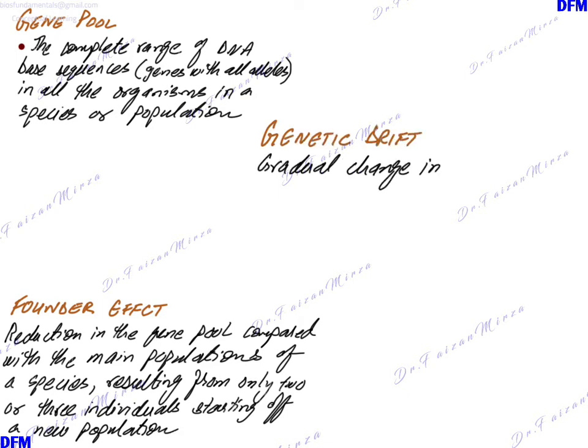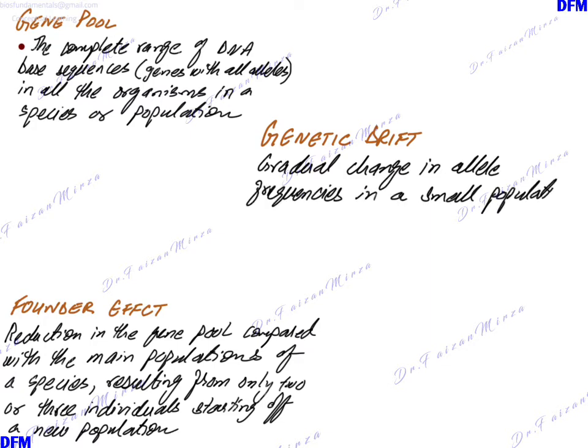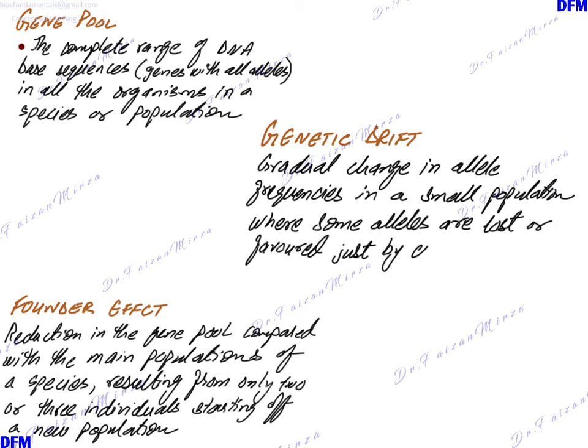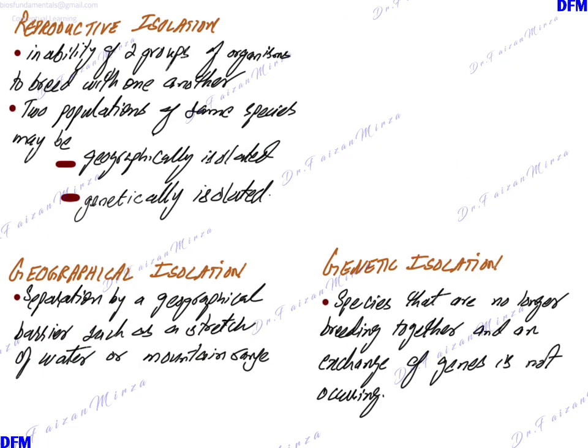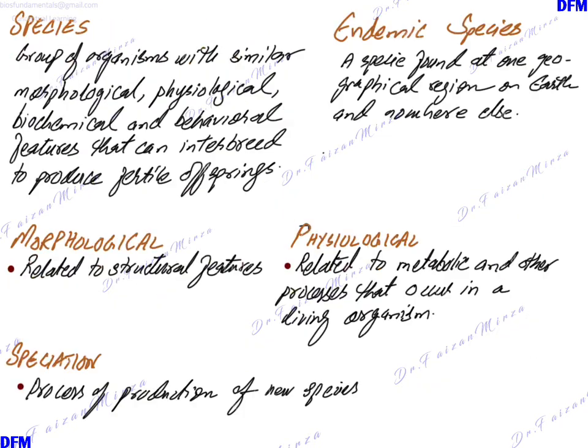Genetic drift is a gradual change in allele frequencies, occurring in a small population where some alleles are lost altogether or favored just by chance and not by natural selection. We'll come to genetic drift again, and I'll be discussing founder's effect in detail later as well.